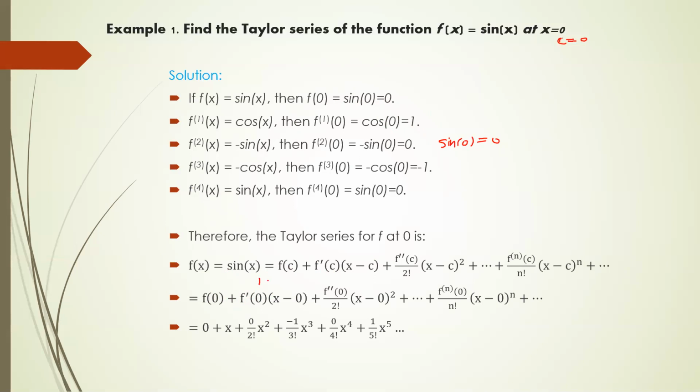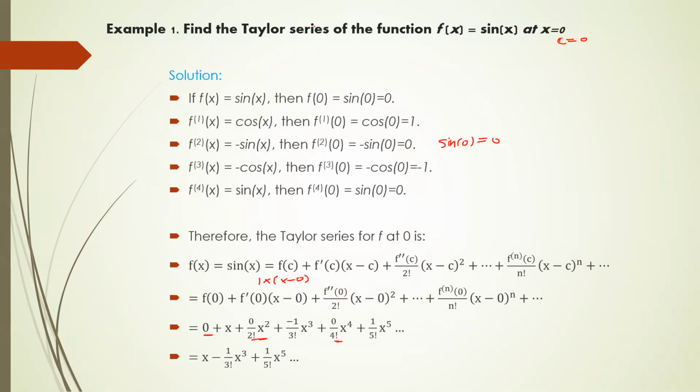So it's 1 times (x minus 0), which is x. The second order derivative is equal to 0, so this part is just 0 here. The fourth one is negative 1, and keep going. So we get rid of those 0 terms.